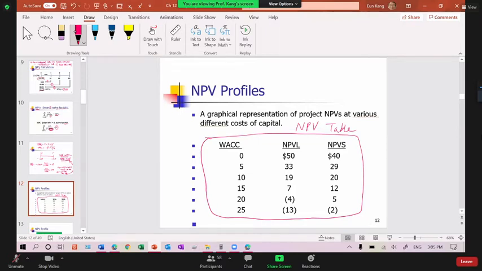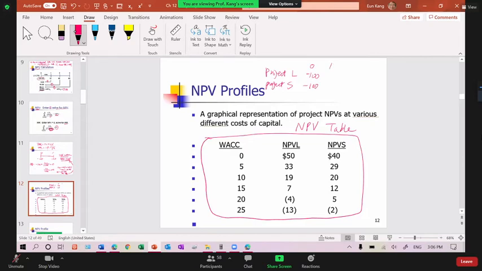and then let me show you project L and project S. At time 0, minus 100, both are the same size, $100.